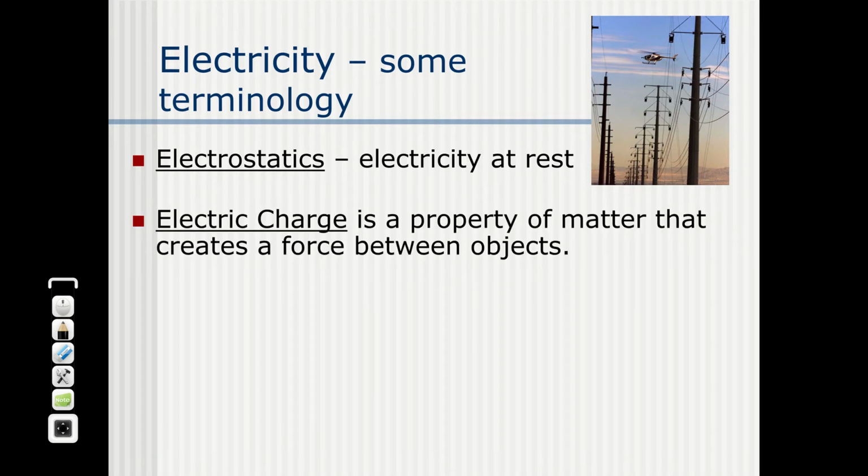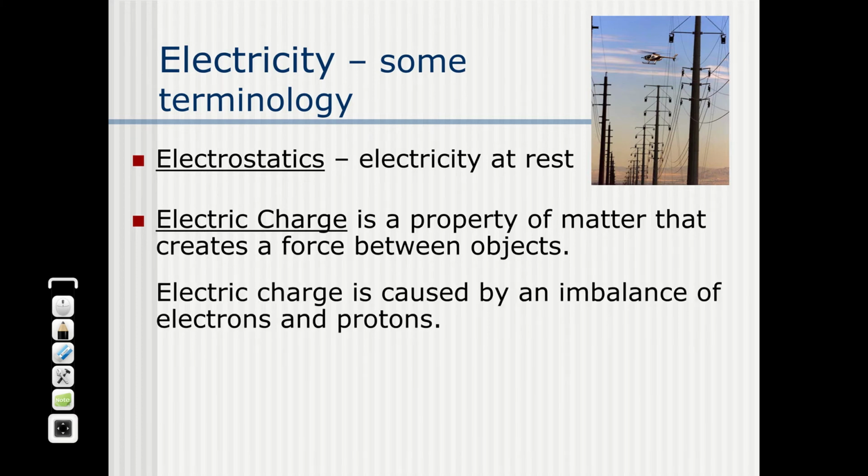Electric charge, that's the property that will create a force between two objects. So we talked about that with positive repel, positive negative attract. So this creates the charge between the two. It is created by an imbalance of electrons and protons.